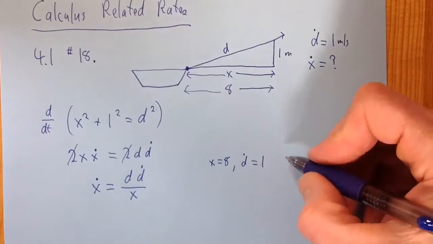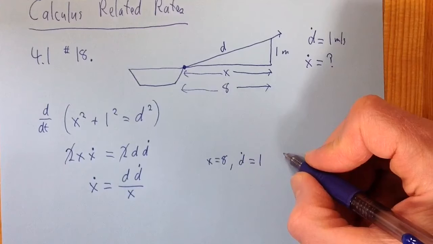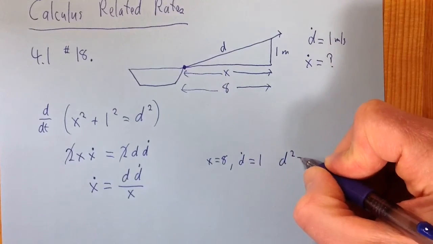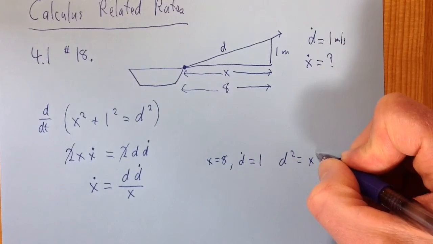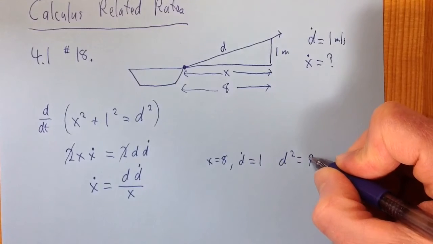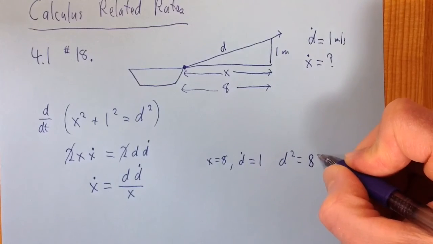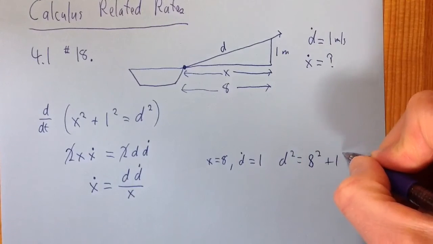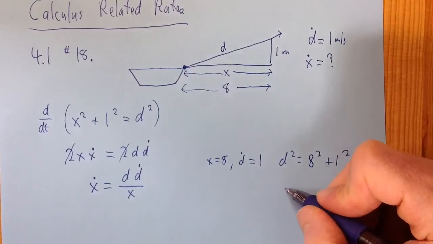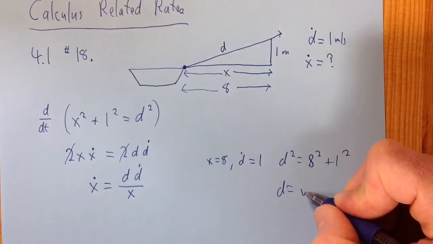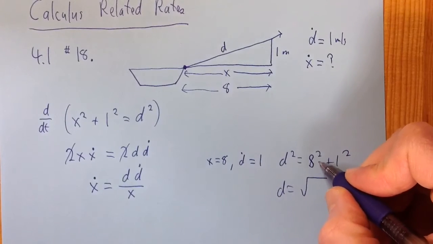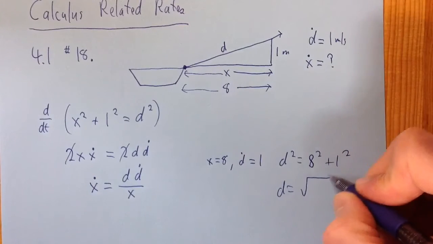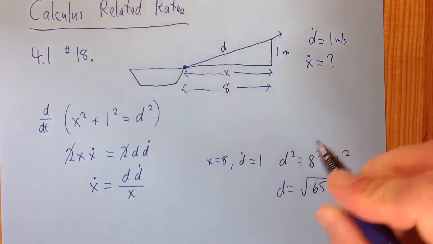So we know that d squared is equal to x squared, which is 8 squared, plus 1 squared. So d is the square root of 64 plus 1, or square root of 65.